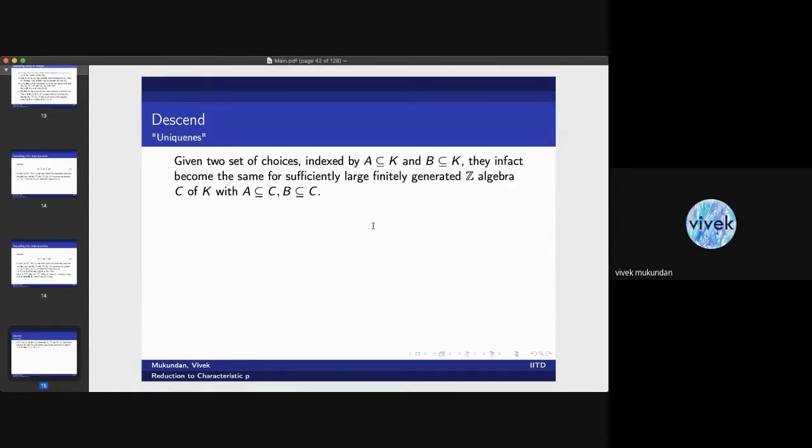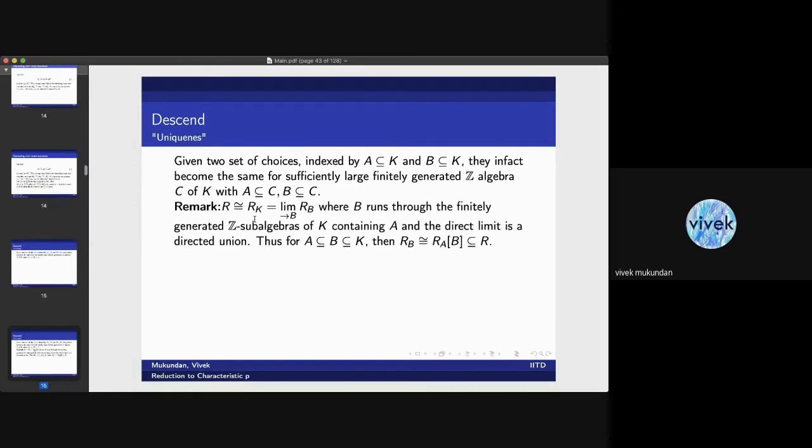Okay, so a certain kind of uniqueness. Given two sets of choices indexed by A and B, you can actually define a sufficiently large finitely generated Z algebra C that contains both A and B, in which the descents are basically the same thing. What I mean by that is, first one remark, you know that R is isomorphic to R_K.